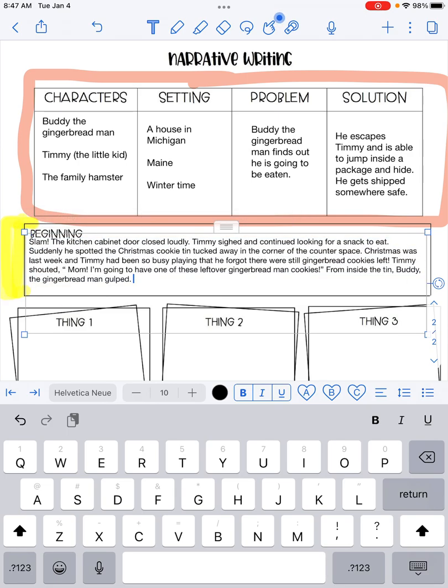Ooh, I love that. From inside the tin, Buddy the Gingerbread Man gulped.